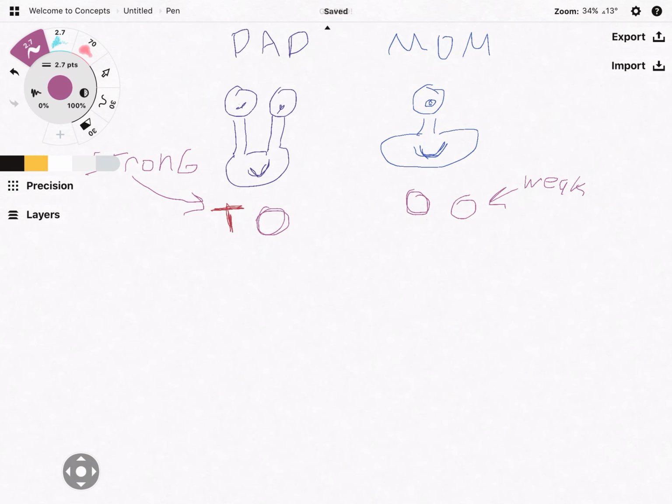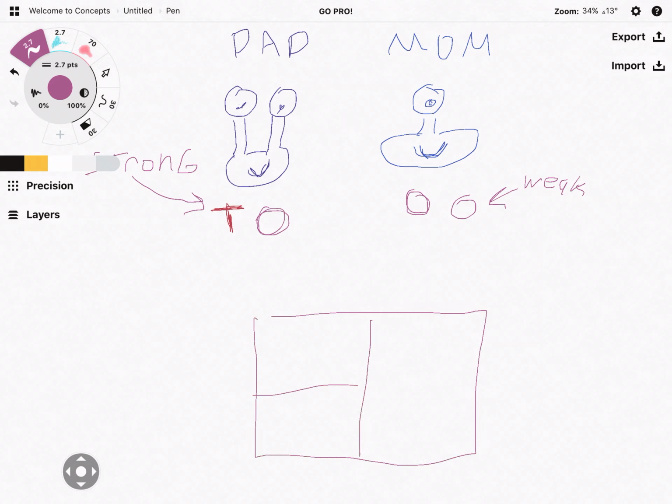So now again, I'm going to make one of those squares. And the mom could give, well, the mom could give a 1-eye gene or a 1-eye gene. That's what she has.